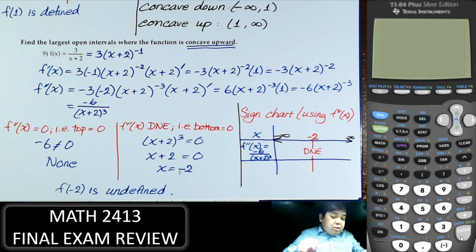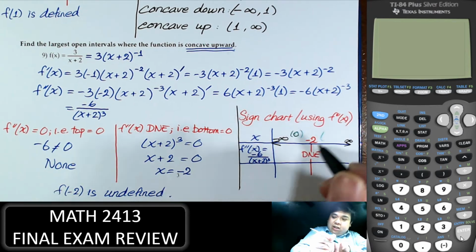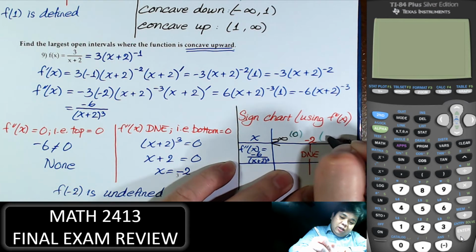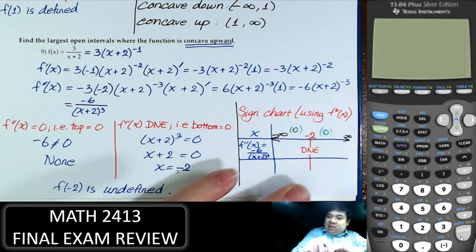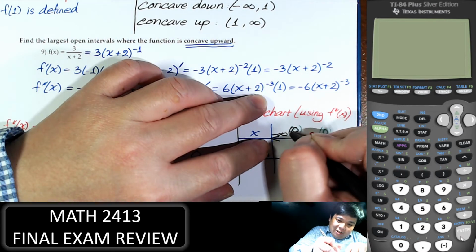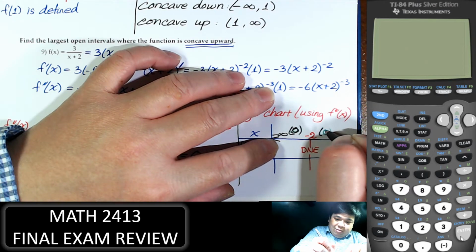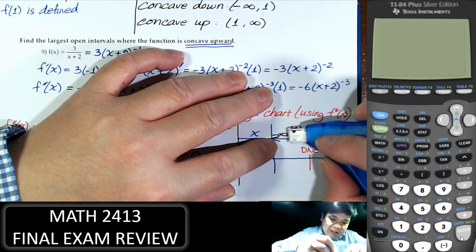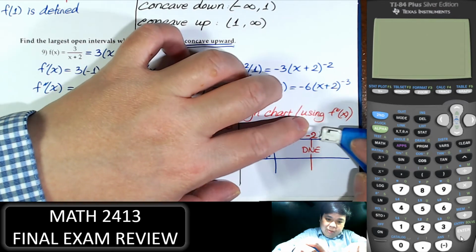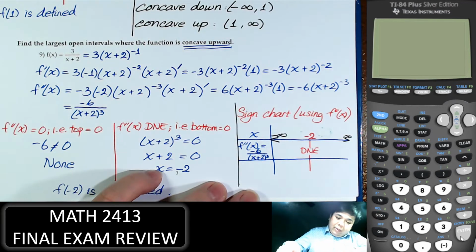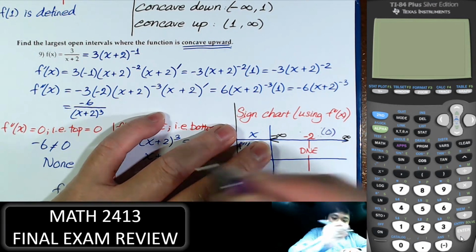Right, test points: sorry, 0 is over here, and negative 3 over here.